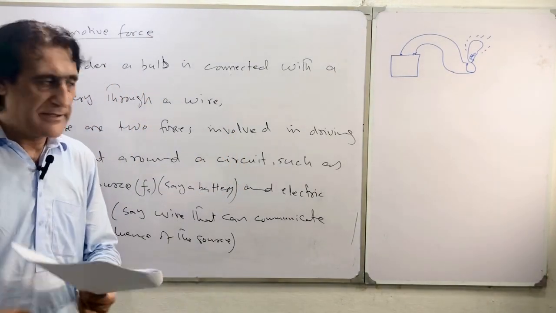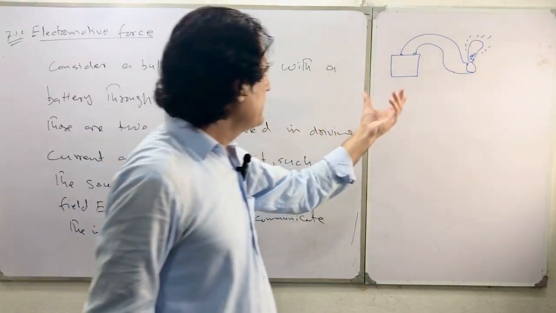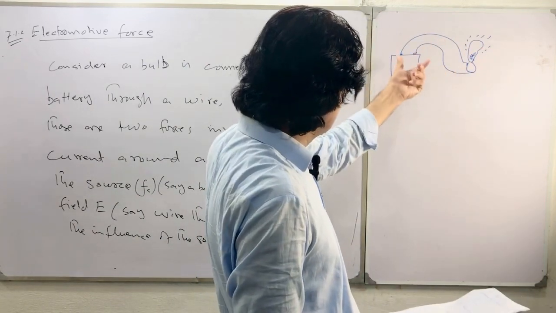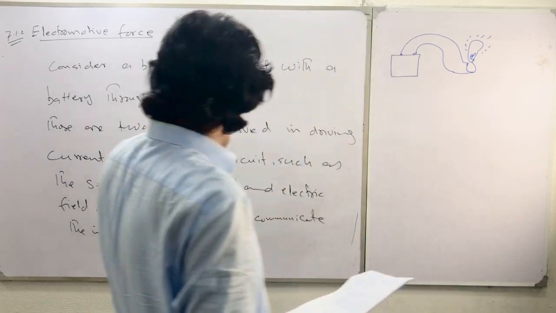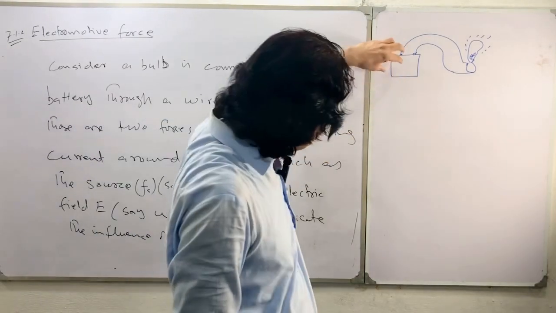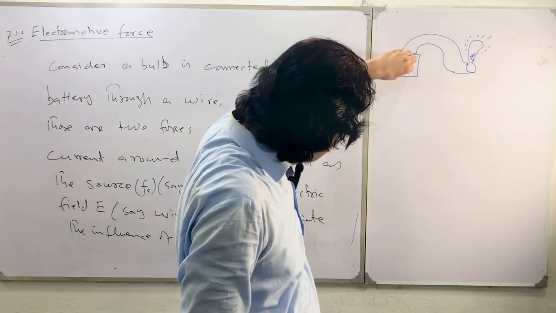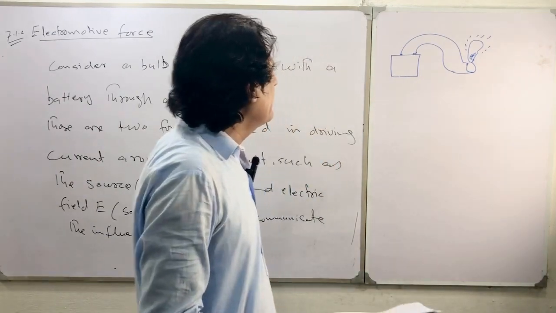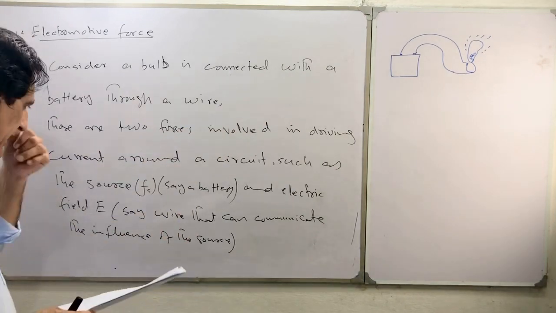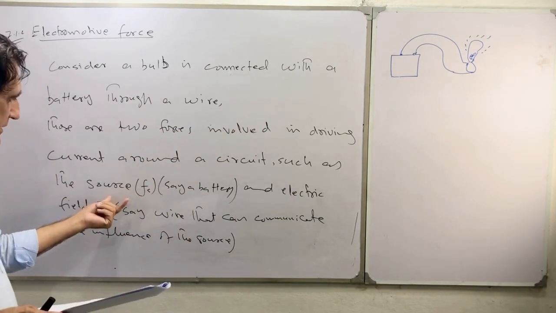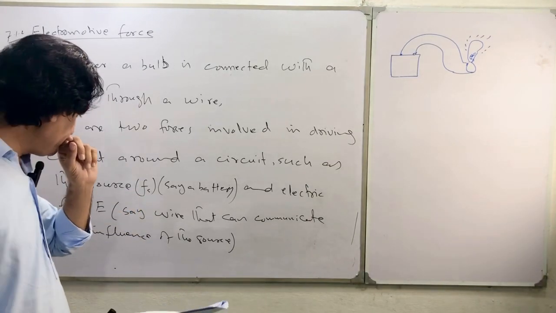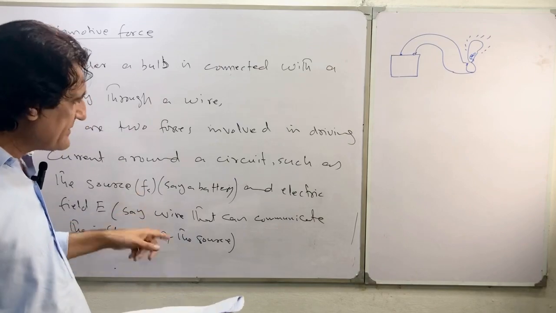So I have written down that, let's consider we have a battery, and we have a bulb, and this bulb is connected with a wire with a battery. So there are two forces involved in this process. One is the source, the battery, which pushes the electrons, the charges in the wire, and this we can denote as Fs.